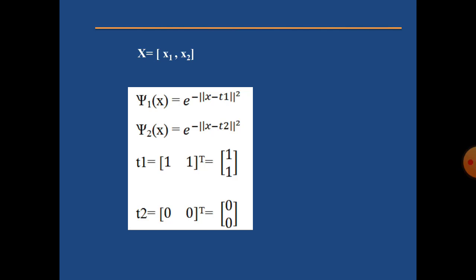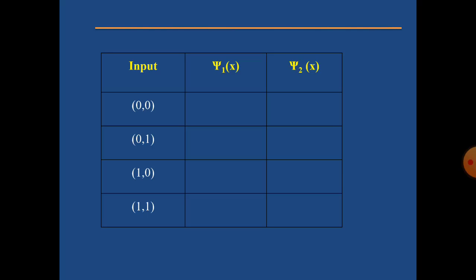Psi1 of x is given by the formula e to the power minus the norm of x minus t1, whole squared. Similarly, psi2 of x equals e to the power minus the norm of x minus t2, whole squared. Here t1 equals [1 1] transpose, that is 1 1, and t2 equals [0 0] transpose, that is 0 0. Now we have to calculate the values of psi1 of x and psi2 of x. The inputs are 0 0, 0 1, 1 0 and 1 1. So see here.